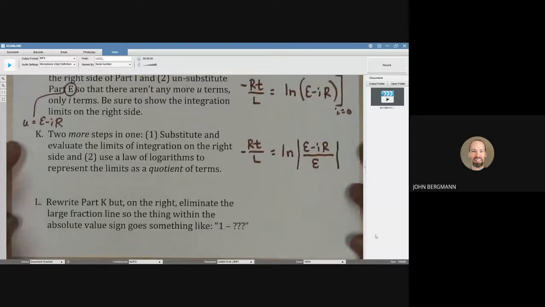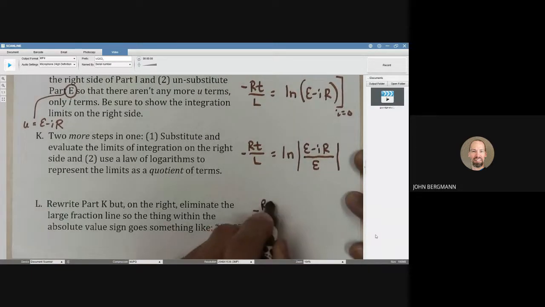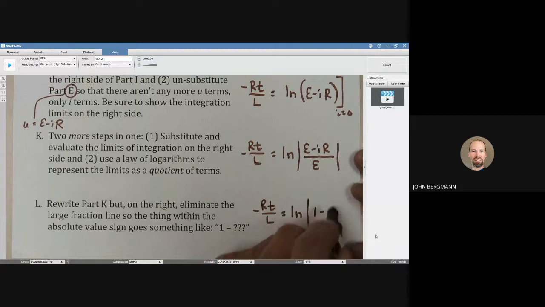Letter L, we're going to rewrite part K, but let's eliminate the large fraction line. Minus RT over L, natural log of, wouldn't this be 1 minus IR over E? Can you hang with me?